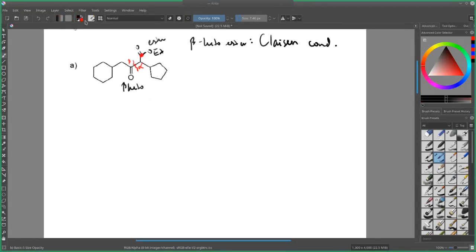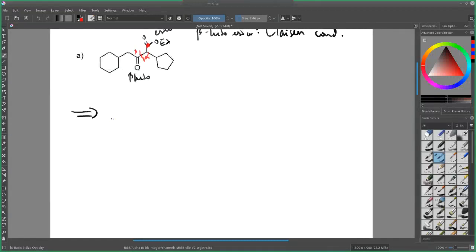Cool. So then let's go back. Retrosynthetic analysis arrows, which will be really the only arrows that I draw today. So there's that carbonyl on the left, and over here we've got this other one.